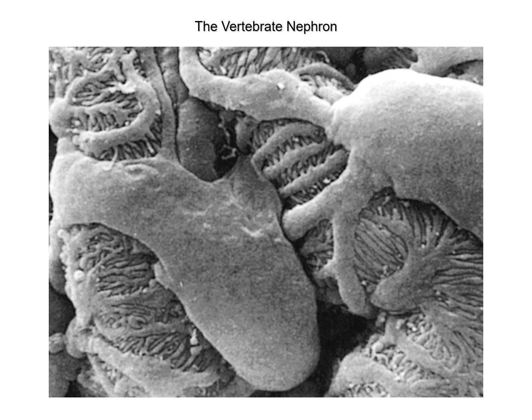And here you see some of these podocytes. It's a scanning electron micrograph of the podocytes wrapped around. Here, all of this essentially is a single section of the capillary of the glomerulus.